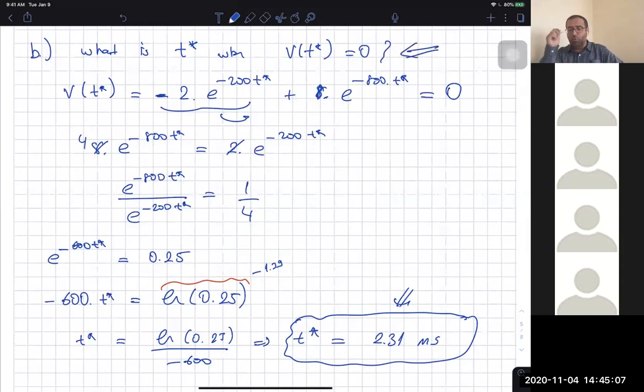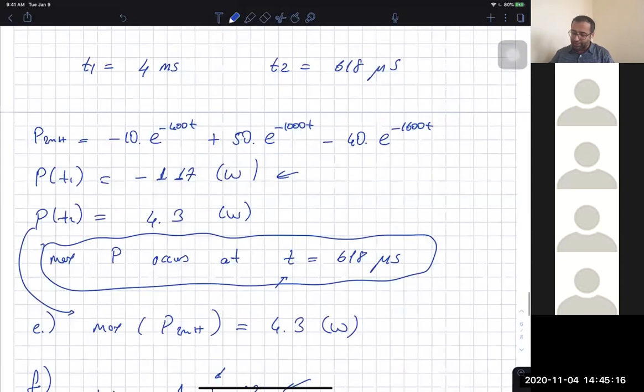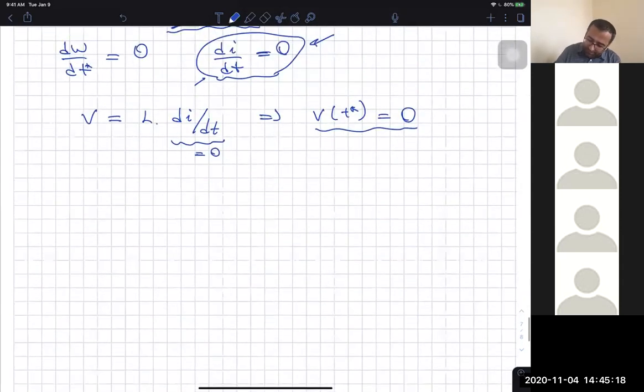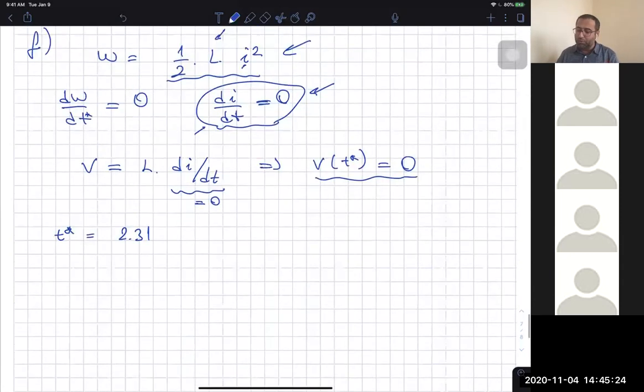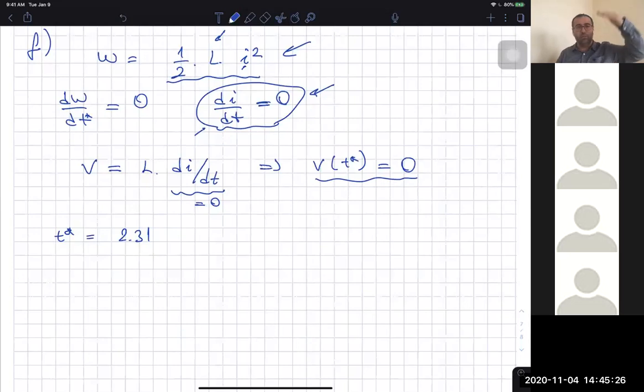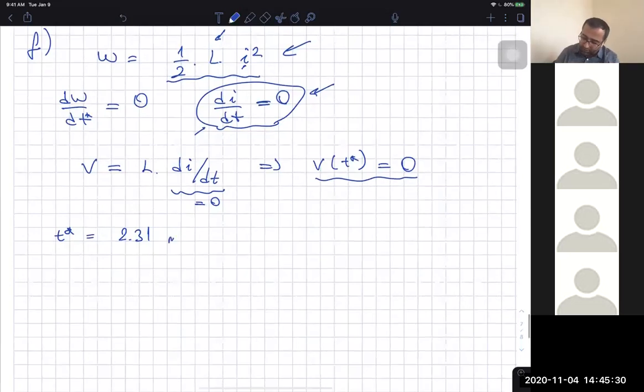So we know when voltage is 0. It is at t star equal to 2.331 milliseconds. So this t star is the same as the one we calculated in part B. The only purpose of this question is that we did those steps, so now we are building on those solutions. So t star is 2.31 milliseconds.